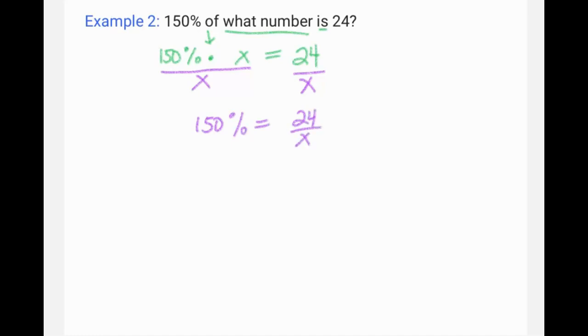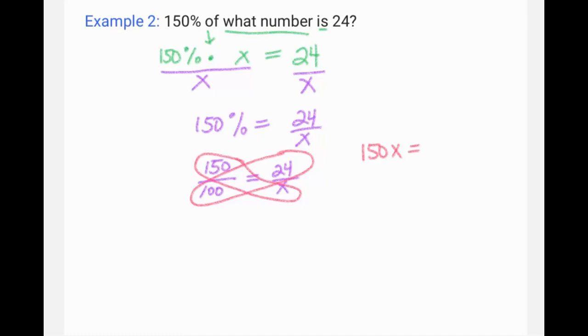I'm going to convert my 150% into a fraction. 150 over 100 is equal to 24 over x. And now our problem becomes a proportion, so we can do a cross product. And we have 150x is equal to 2400.